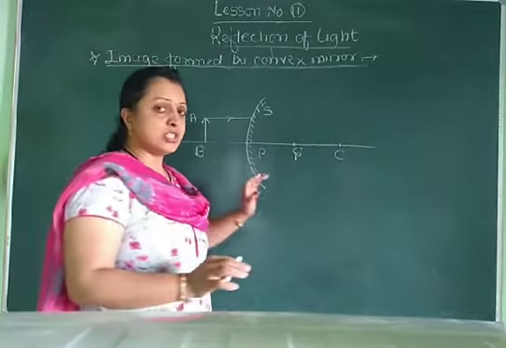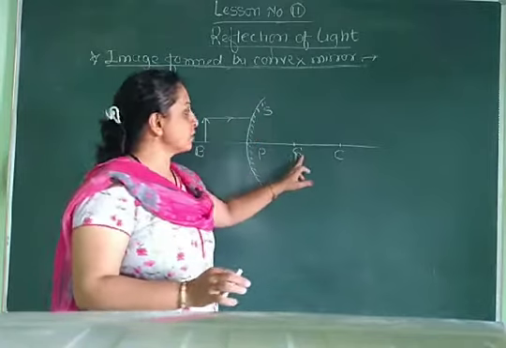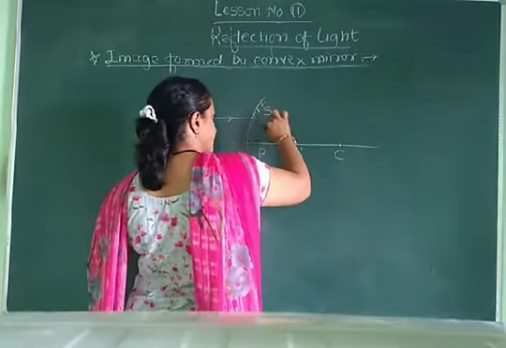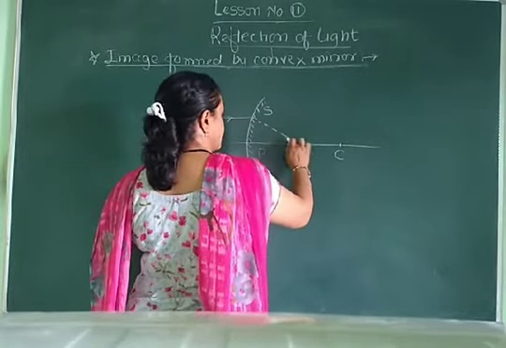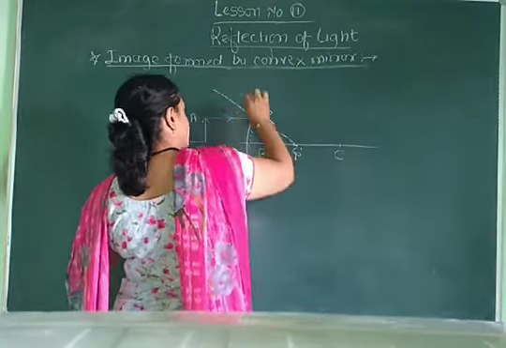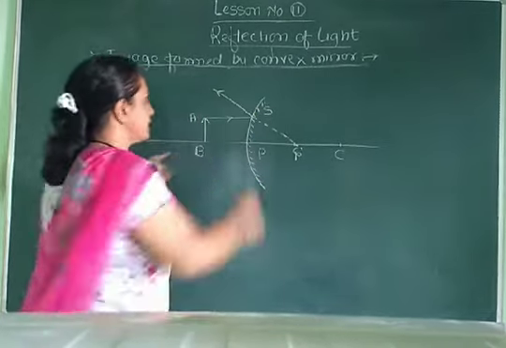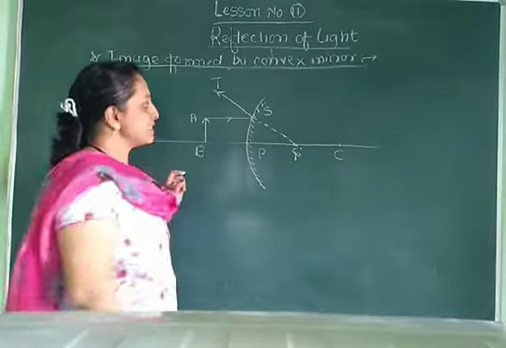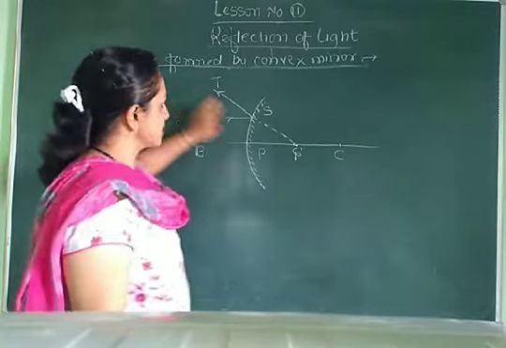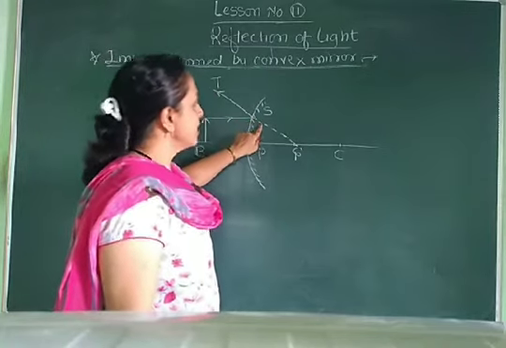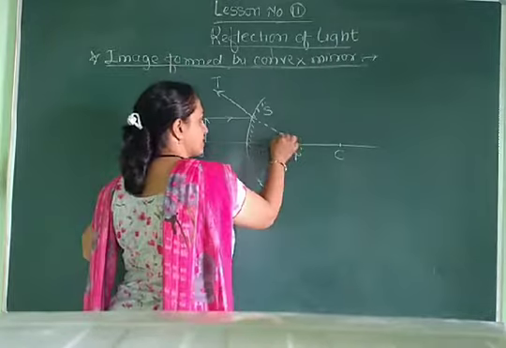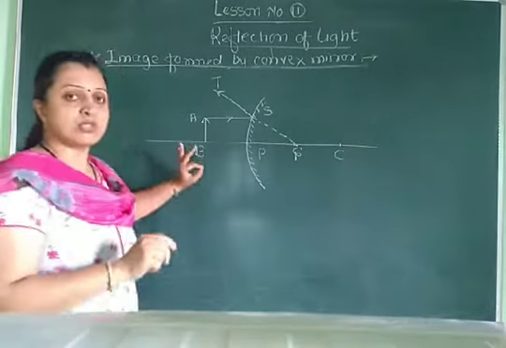But we can imagine that the reflected ray is passing through the principal focus like this. So this is the reflected ray, we can call it ST, and it is moving away from the convex mirror, but you can imagine that it is passing through the principal focus. This is the first rule that we have followed.